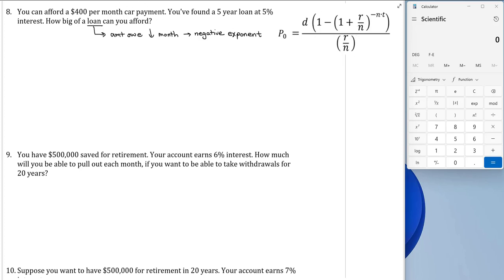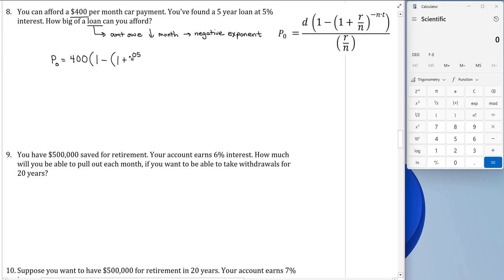Finding the third or bottom formula on your sheet, we're now just going to plug it in and do the math. Since I can afford $400 a month, that wouldn't make sense to plug into P sub 0, because that's your initial loan amount. That's actually what I want to find. So I'm going to put P sub 0 equals 400 multiplied by 1 minus parenthesis 1 plus the rate.